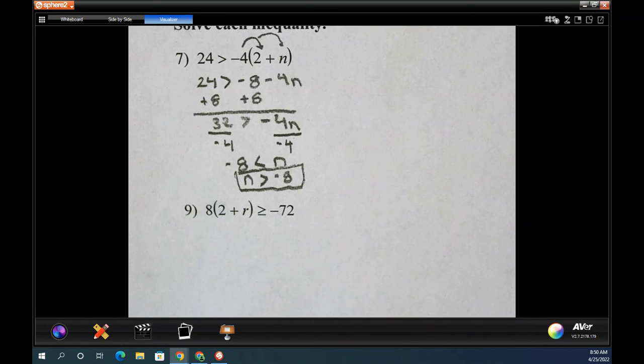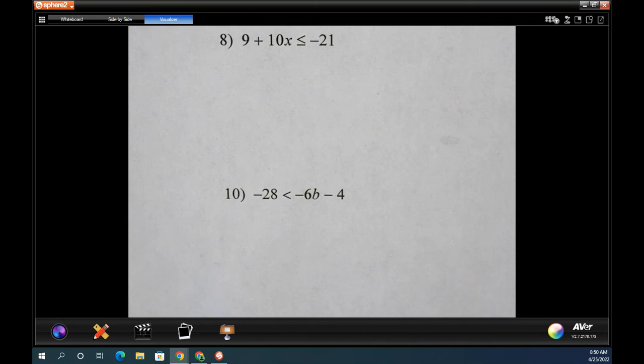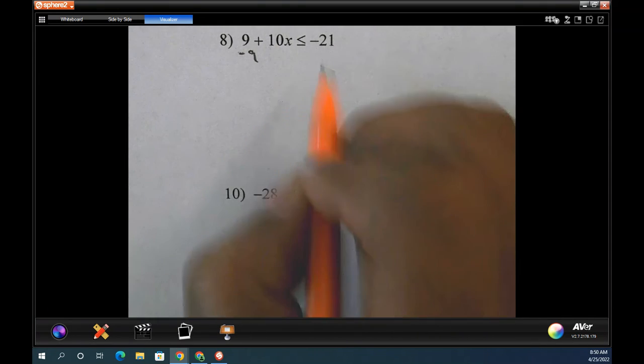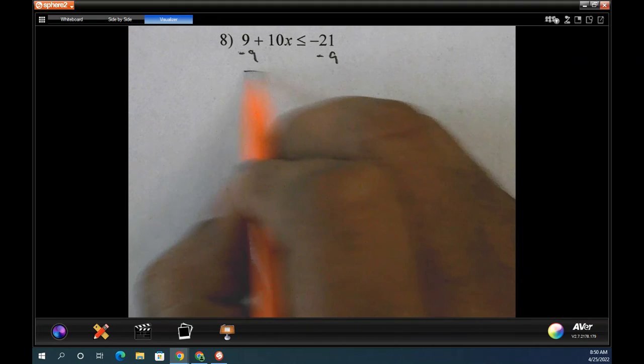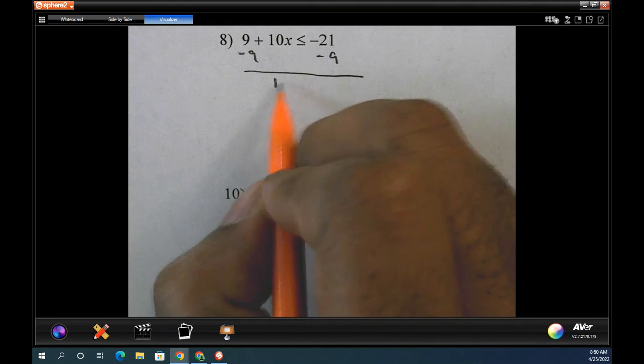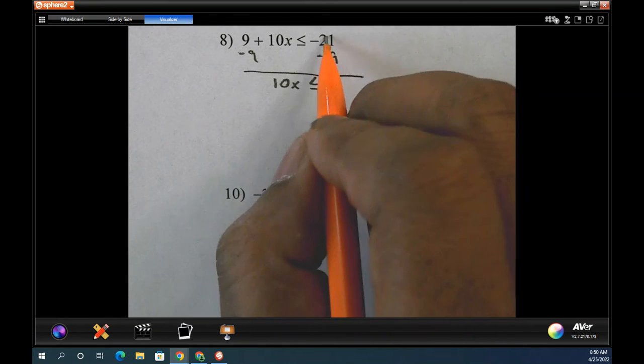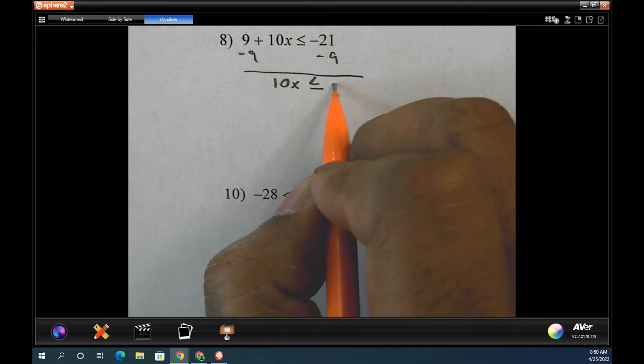Okay, let's look at number 8. 9 plus 10x is less than or equal to negative 21. All you do here is isolate the variable. Subtract 9 from both sides. So over here you have 10x is less than or equal to negative 21 minus 9 is negative 30.